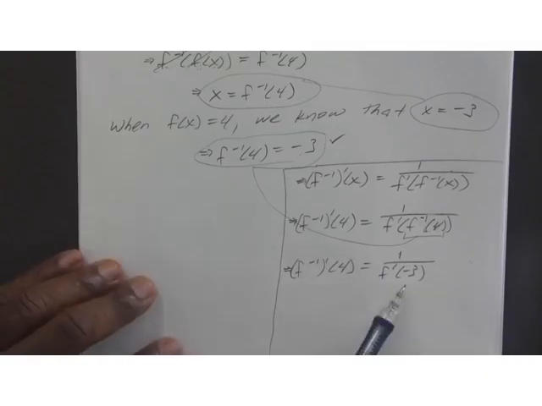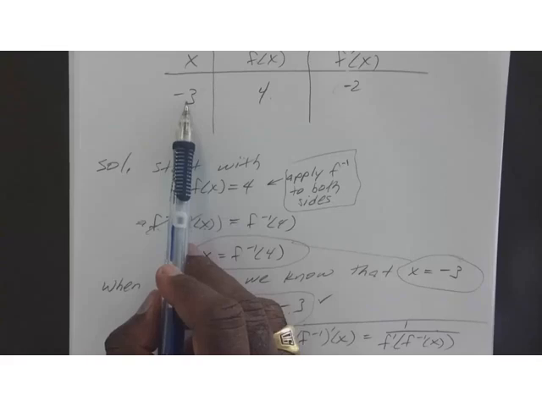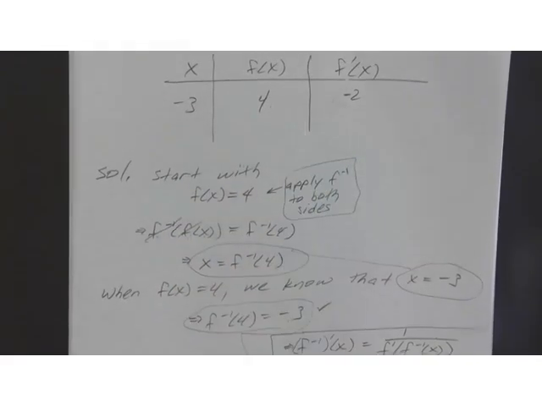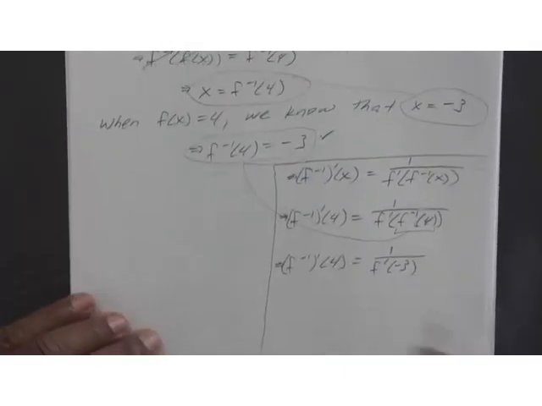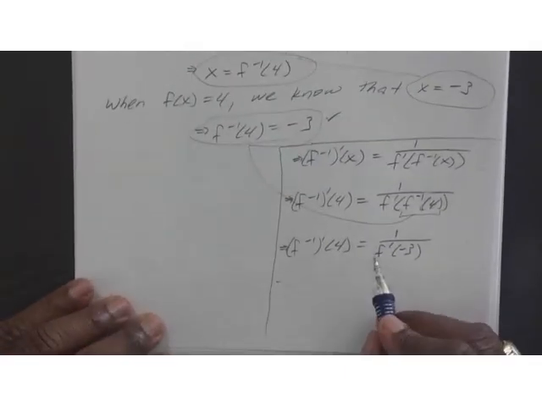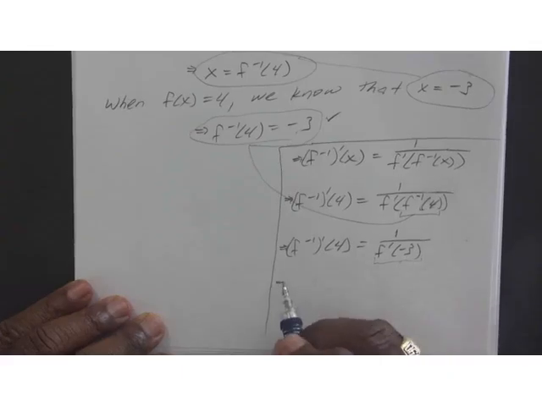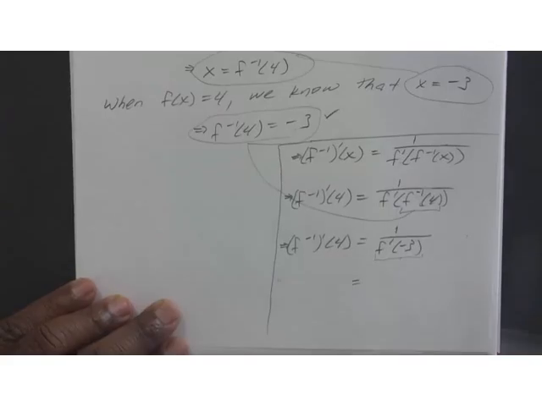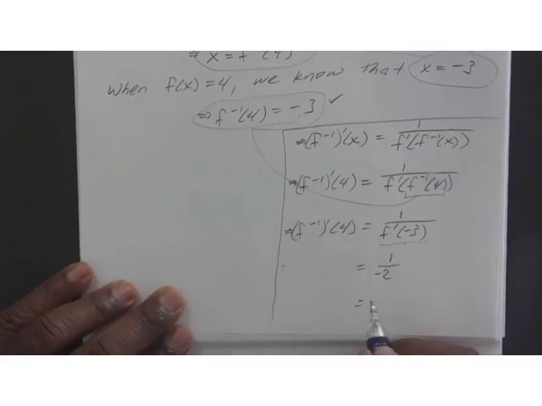Well, if we look at our table, we know that when x is equal to -3, f prime of -3 is equal to -2. So we can replace this with -2. So that gives us 1 over -2, or you can just say -1/2.